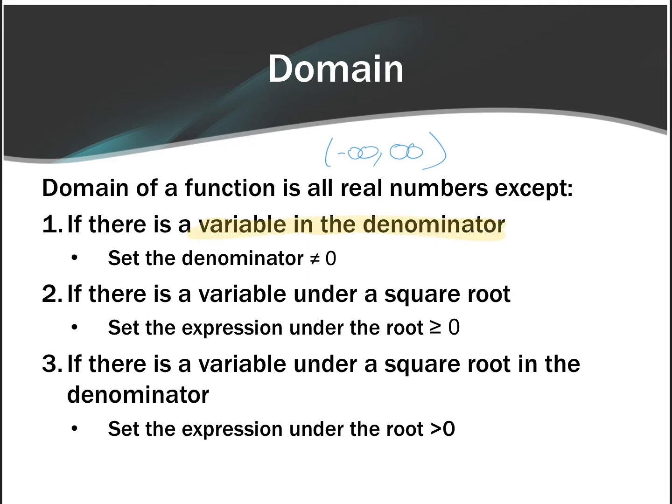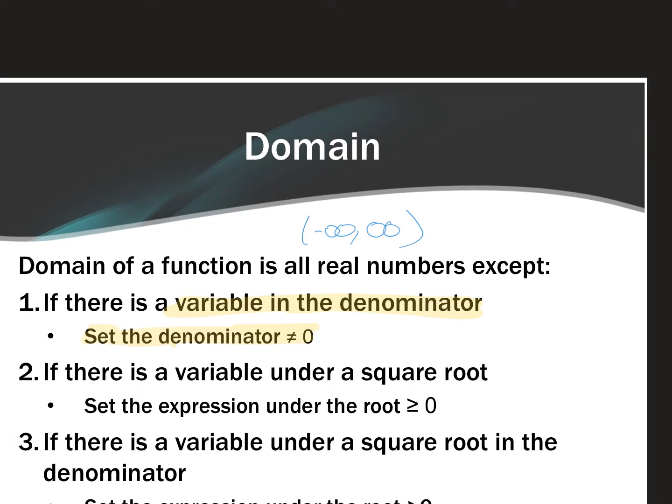If there is a variable in the denominator, how do you figure out what the domain is? You set the denominator not equal to 0. What that means is you have something like 7 over x plus 3. Now, most of us in here can figure out what x can't be. What's the only number in the world that x could not be? Not 3.